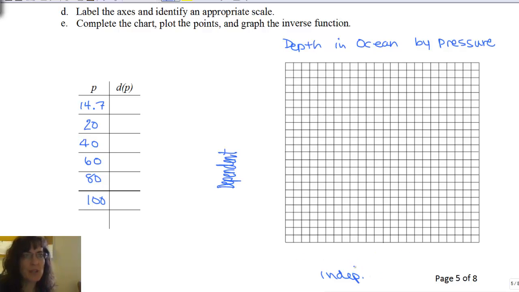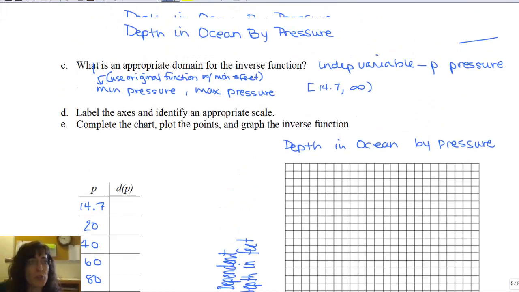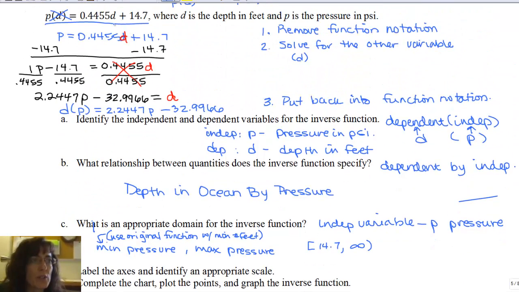And my independent variable is the pressure this time in PSIs, and this is going to be depth in feet. Okay, same way that I'm looking to graph that I did on the other functions. I'm going to use my function that I came up with here.